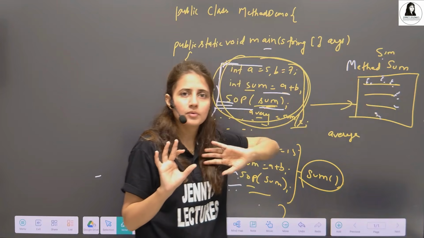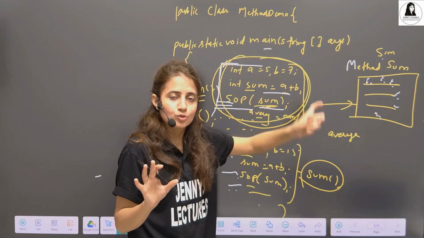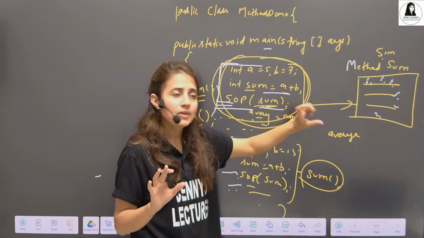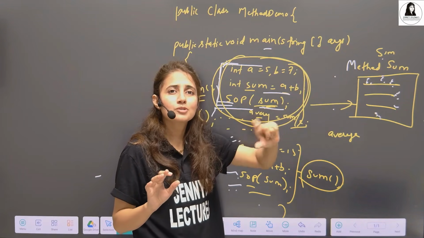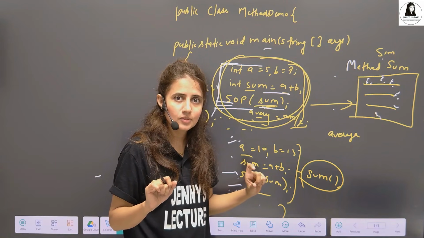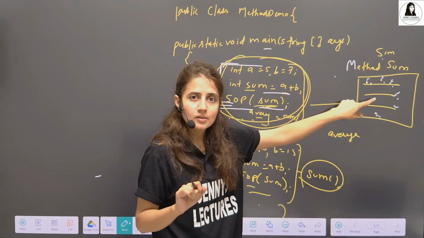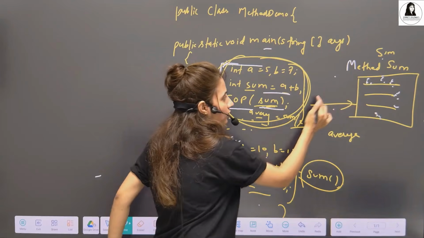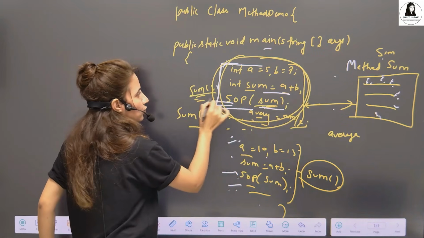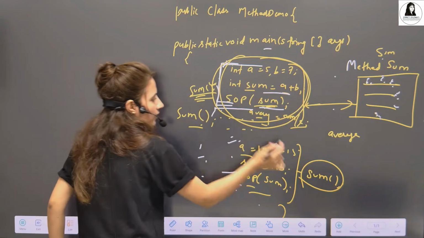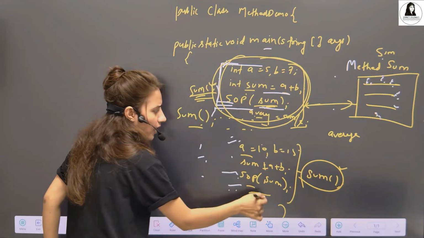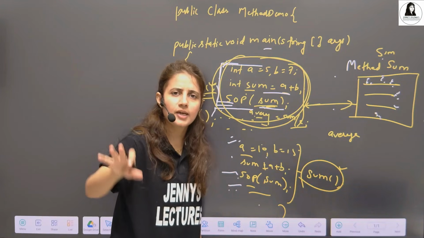Calculating the sum of two numbers, right? That's why we say methods are simply code blocks performing some specific task. And we can reuse this, because whenever you want to calculate the sum, you are just reusing this code. I'm just calling it. You can call this 100 times or 10 times or 50 times in your program.